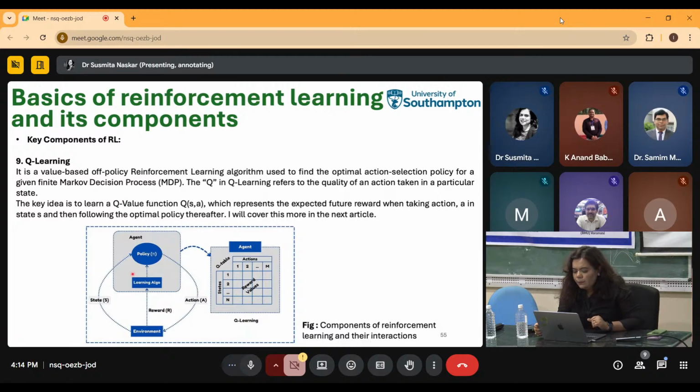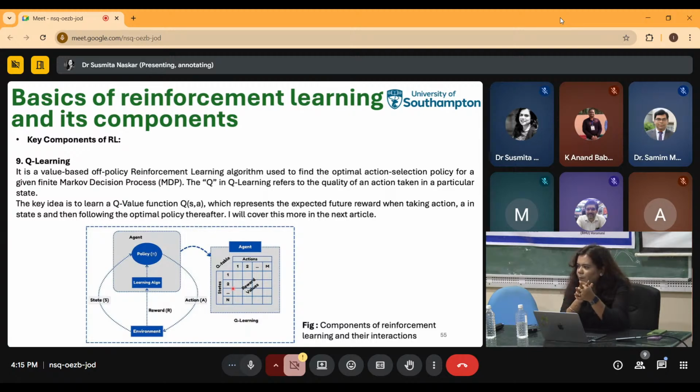Then the learning algorithm updates the Q table. That means a lookup table where each cell stores the value of a certain action in a certain state. Using this Q table, the agent learns from trial and error how to make the best decision over time without needing a model of the environment. And this is the whole component of RL and how it works.